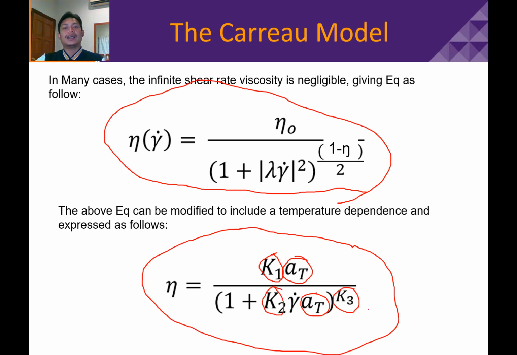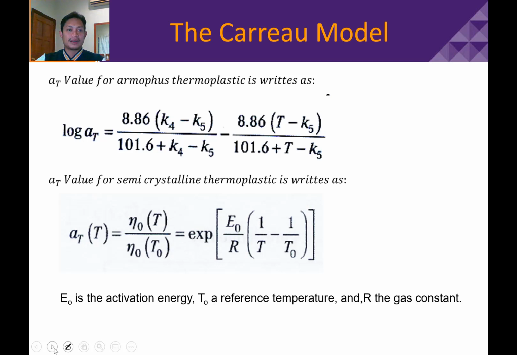How do we get the AT value and calculate K1, K2, and K3? To calculate AT, you have to define whether the polymer is an amorphous thermoplastic or a crystalline, semi-crystalline thermoplastic. If it is an amorphous thermoplastic, you should use this equation.